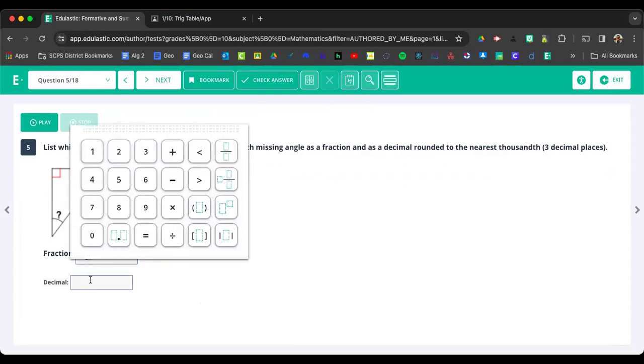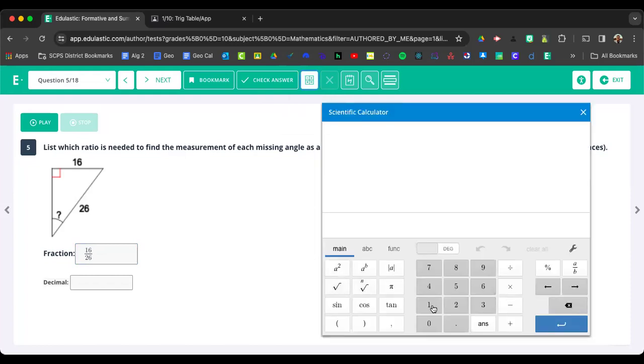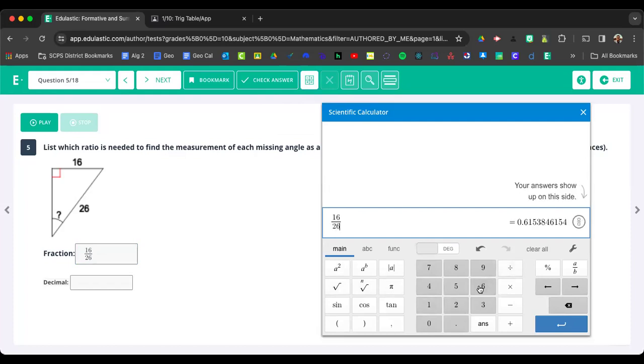Now for my decimal, I'm just going to take these two numbers and divide them, because that's how you find this ratio as a decimal. So I'm going to pull up my calculator here and type in 16 divided by 26. And when I do that, I get this really long decimal.